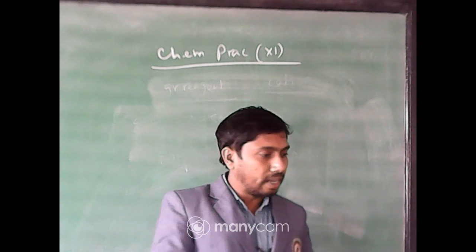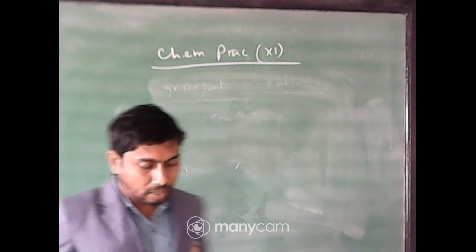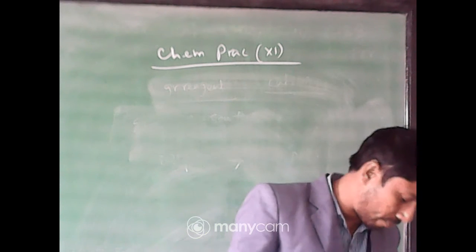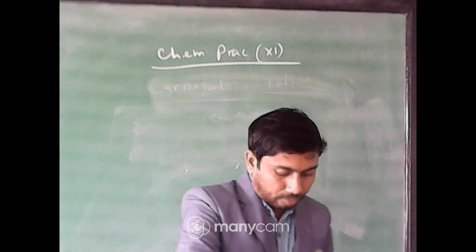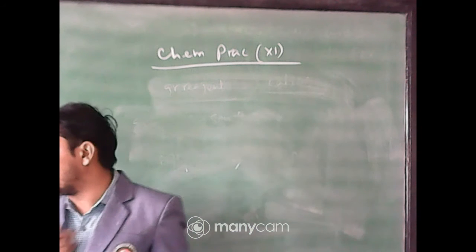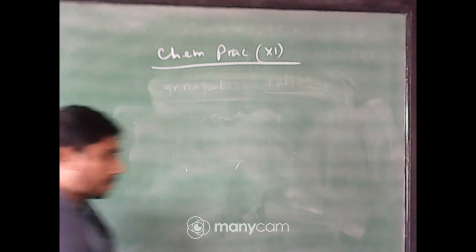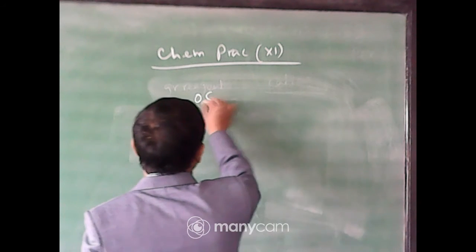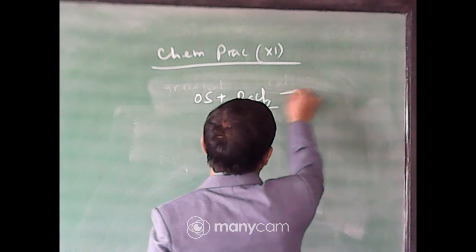Okay. And next one, I have told earlier that it is a sulphate salt. So how to prove that the sulphate is present here? Again we will take the original solution, OS, plus barium chloride solution.